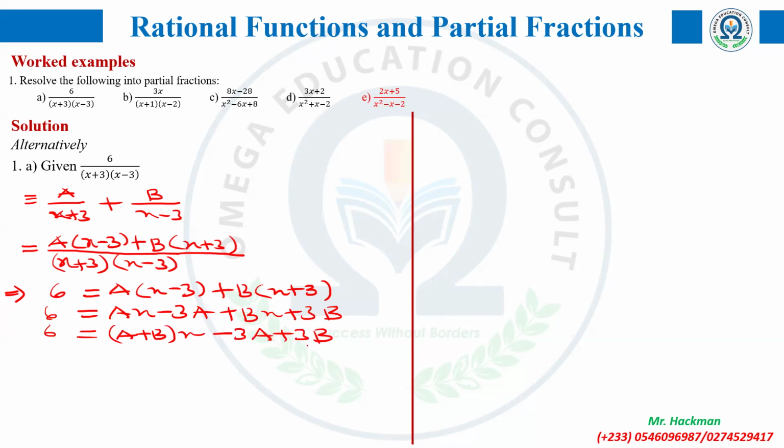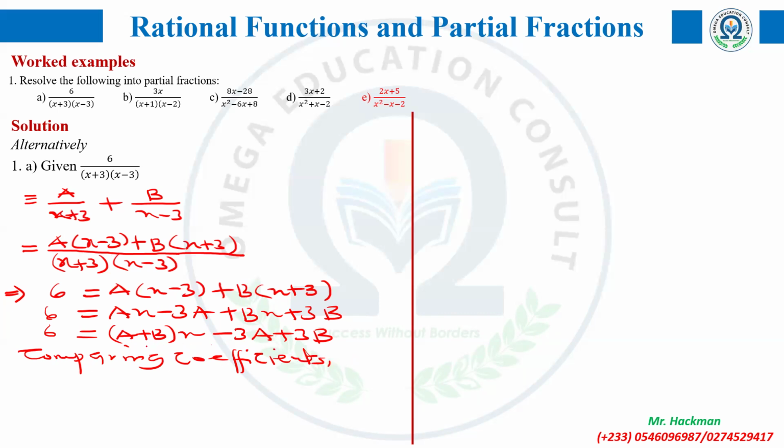Take notes. I have to write it this way because now we compare coefficients. I hope you are following, my professors. So you see why polynomial is closely linked to partial fractions.